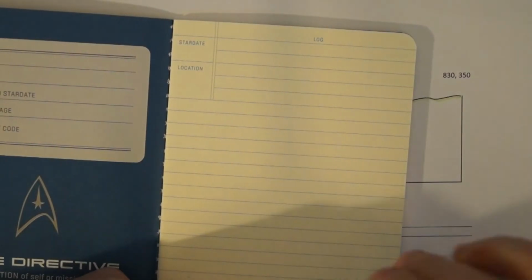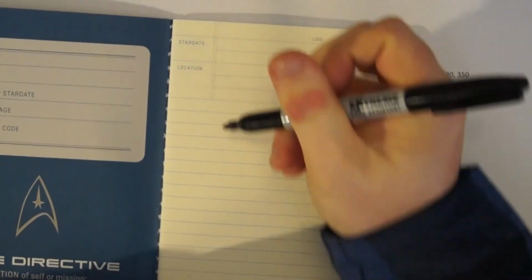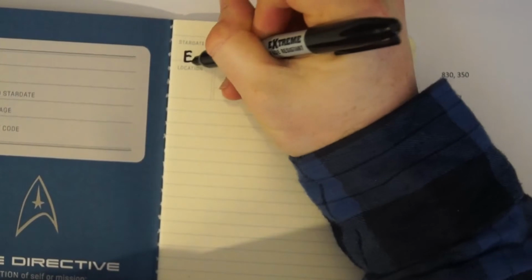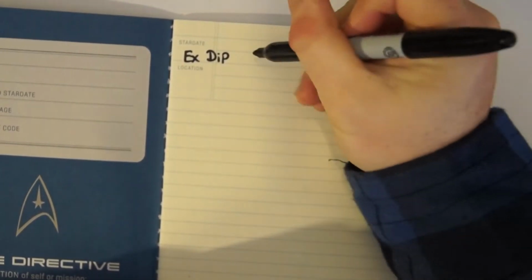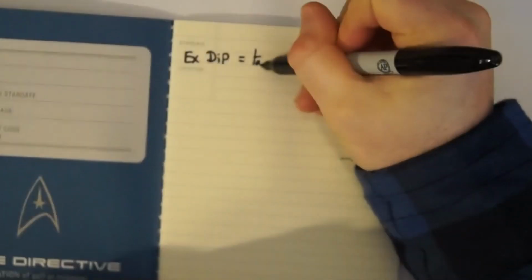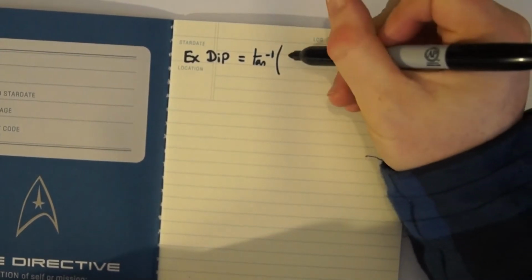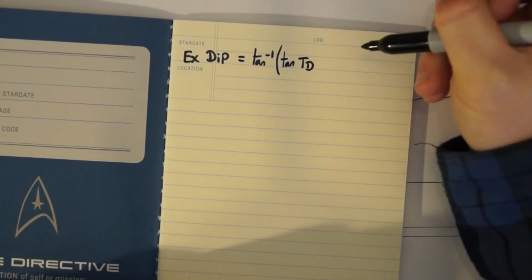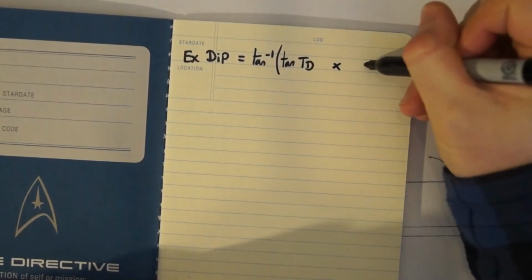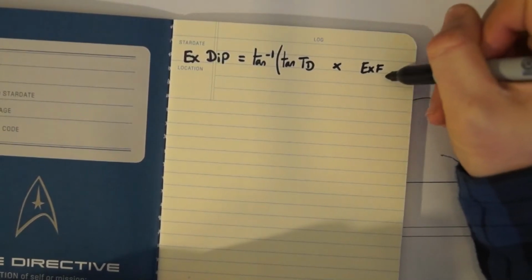You guys hopefully remember from the labs that the formula for an exaggerated dip is equal to the inverse tan of the tan of the true dip multiplied by the exaggeration factor.